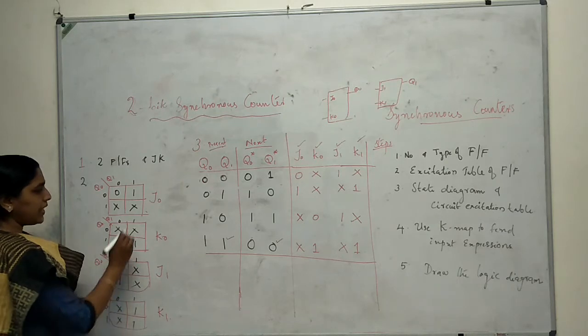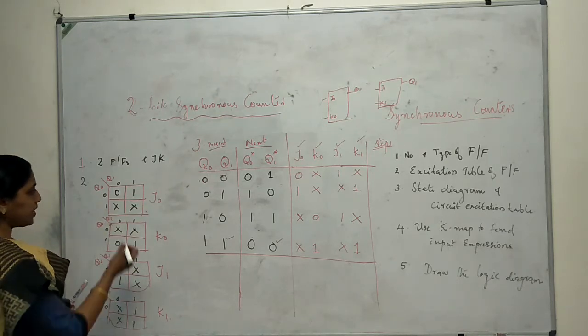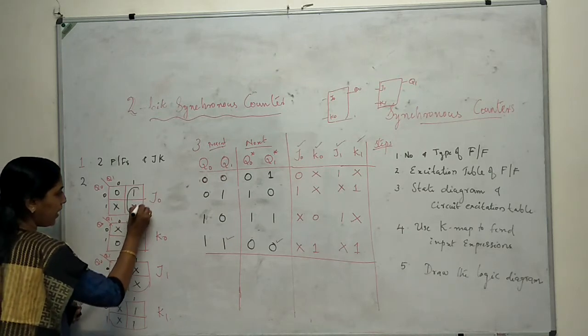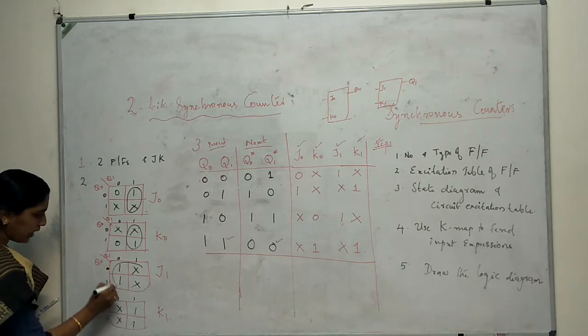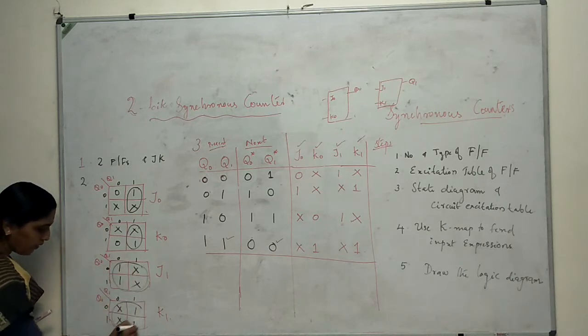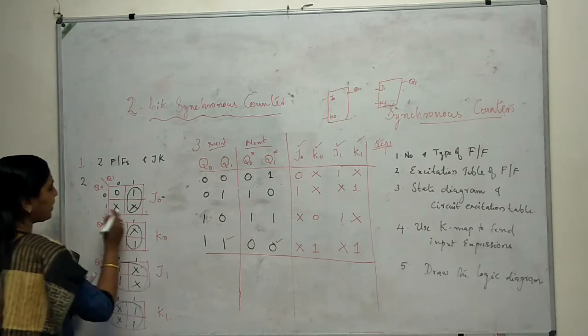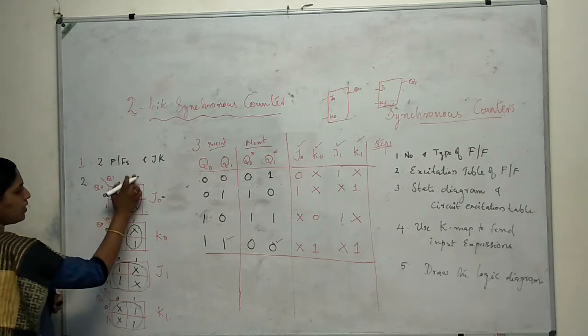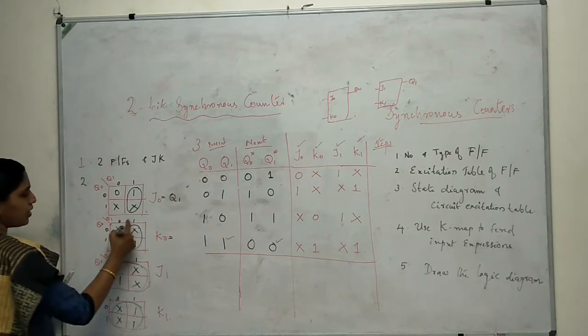So how can we minimize? Just try to find out how many groups can be formed from this. This will form a group, here this will form a group, and this whole thing will form a group. Here also this will form a group. So what is the expression for this? J naught is nothing but Q1. Then what is K naught?